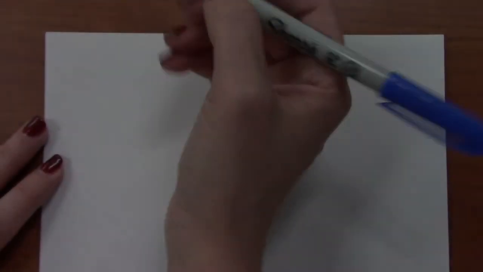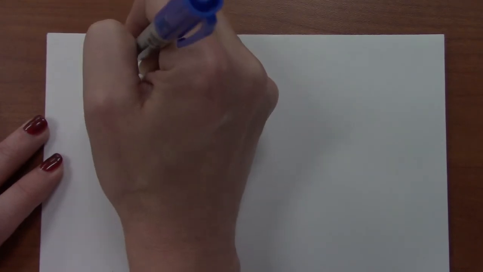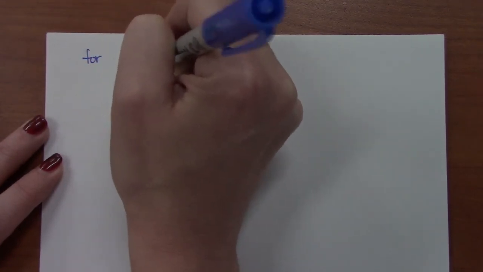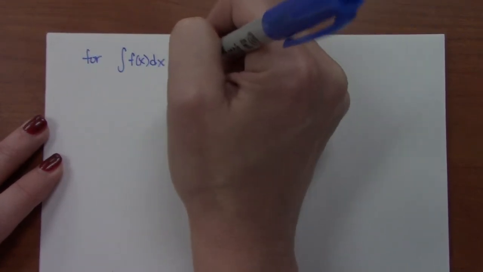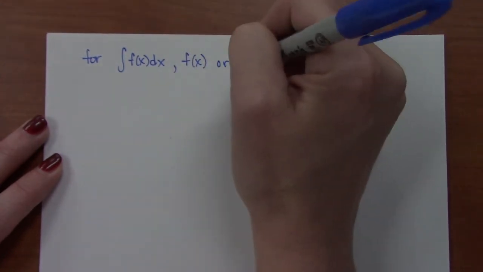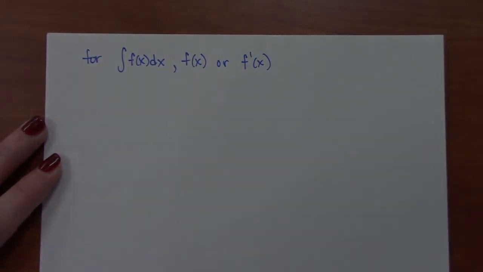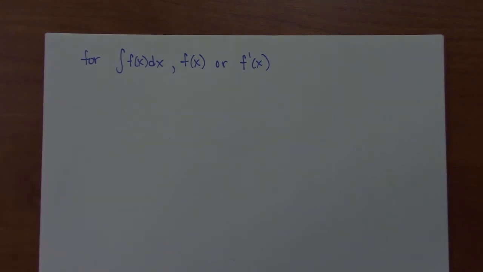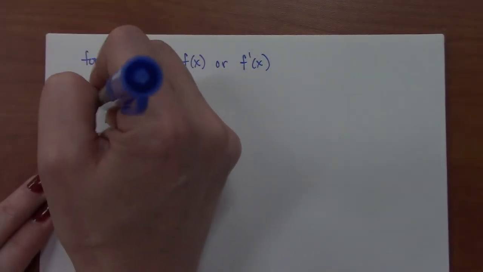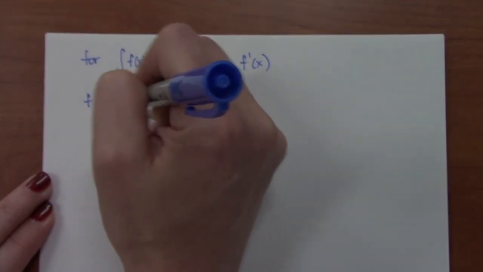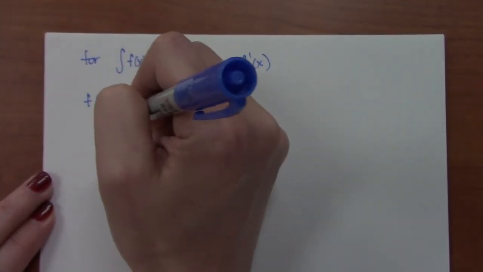So we can actually find the interval of convergence for the integral of a function, the function itself, or the derivative of a function. And to make this a little easier, we're going to look at a function that we just looked at.